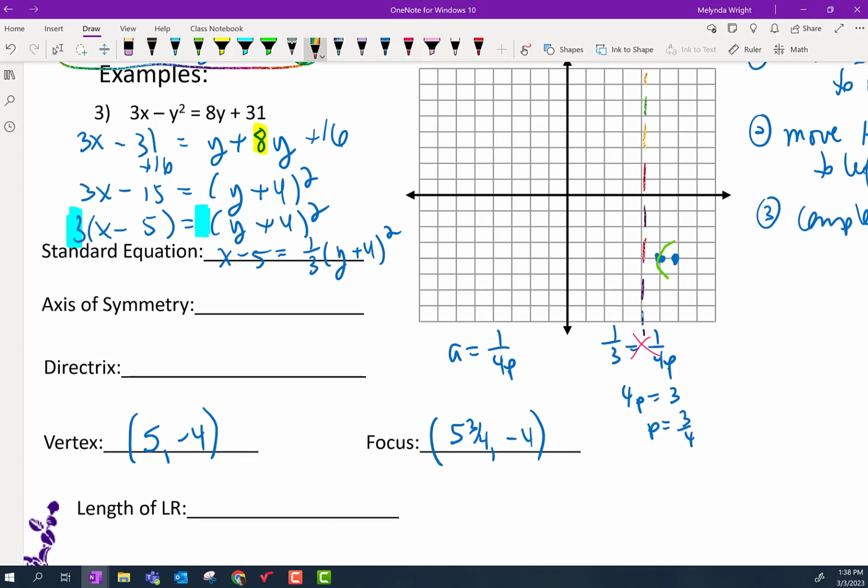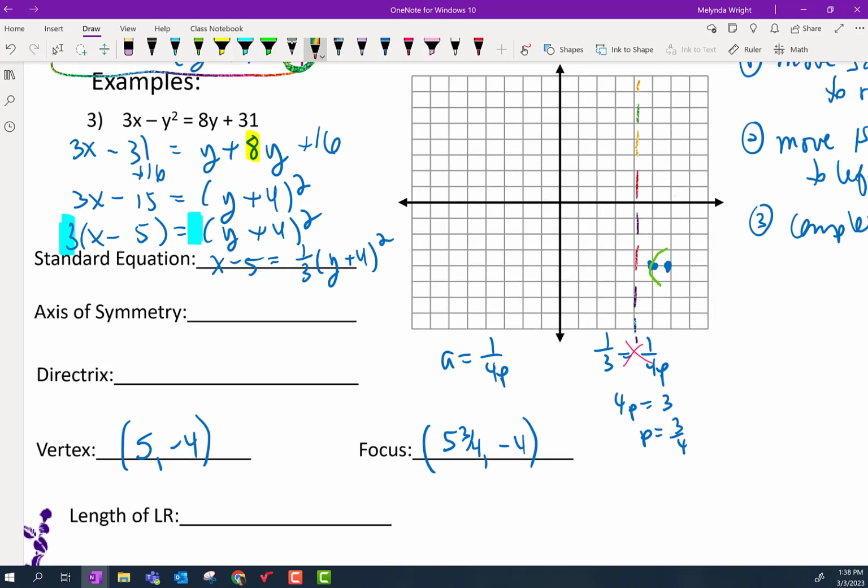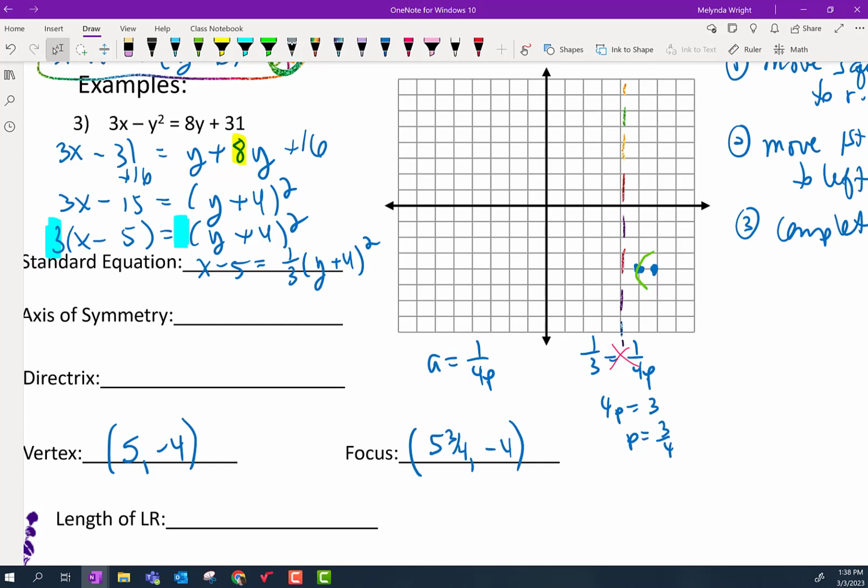So my directrix is going to be, now, okay, it's a vertical line. So is it an x equal or a y equal equation? Vertical lines, are they x equal or y equal equations? X equals. My directrix is going to be x equals 4 and 1/4, right?